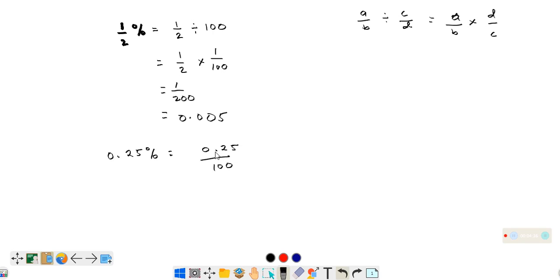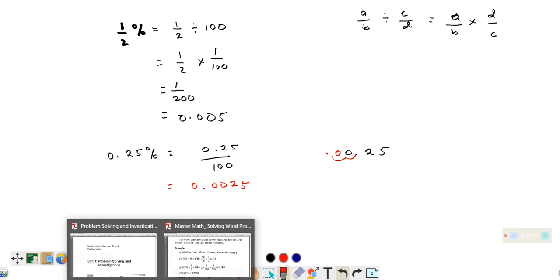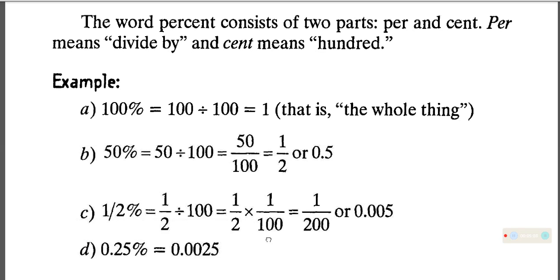So, we have here 0.25%. Parehas lang yung gagawin. So, 0.25%. You are going to divide 0.25 by 100. We only move the decimal place 2 units to the left. So, we have 0.25. Move your decimal place 2 units to the left pala. 1, 2. And then, put a place marker, 0, on the empty place values.